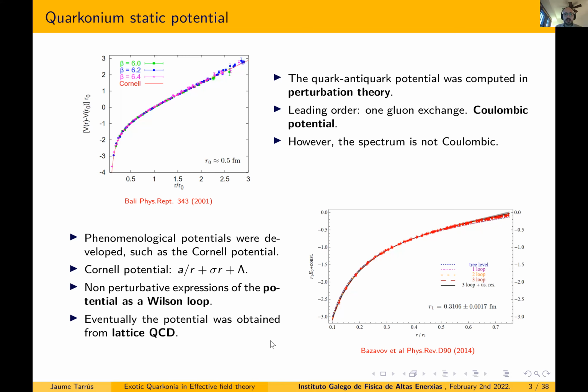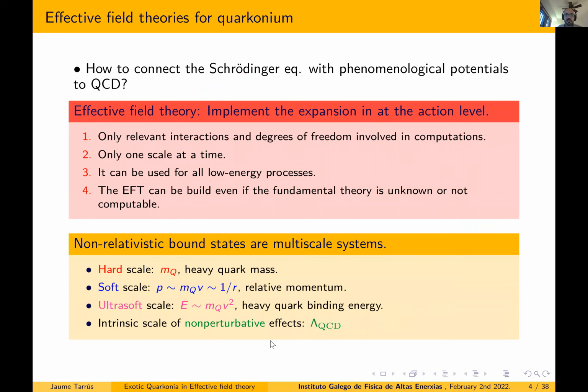Okay, so the final step was to connect the Schrodinger picture to QCD. And this can be done with effective field theories. And here the idea is that if one has a system with multiple well-separated scales, instead of just computing in the fundamental theory and then expanding in the small ratios of these scales, one can implement the expansion at the Lagrangian level, and then one has an effective field theory, which one can use to compute all low energy processes.